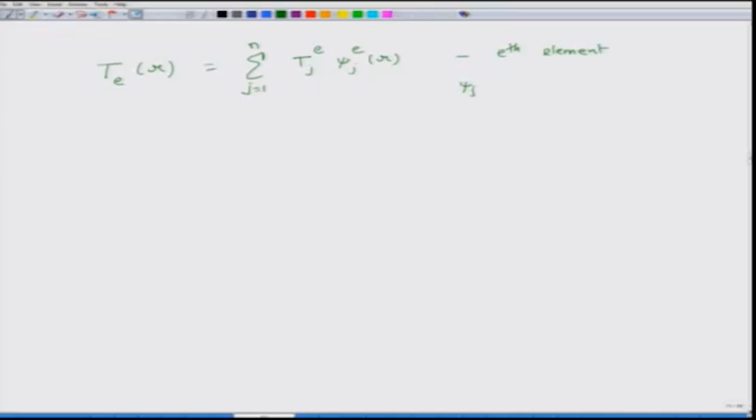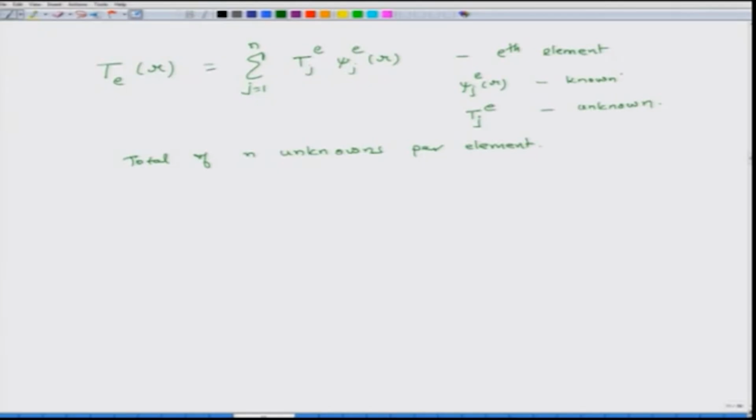Here psi_j(r) is known, right, and T_j^e is unknown. How many unknowns do we have now for each element? We have small n. So, a total of n unknowns per element.